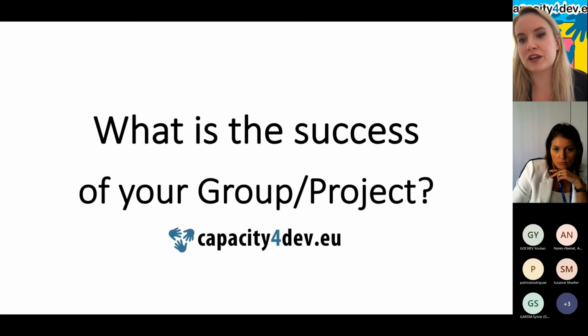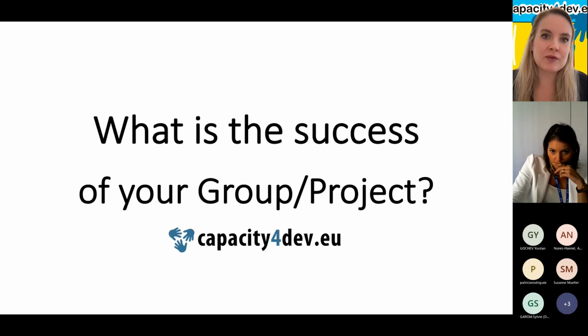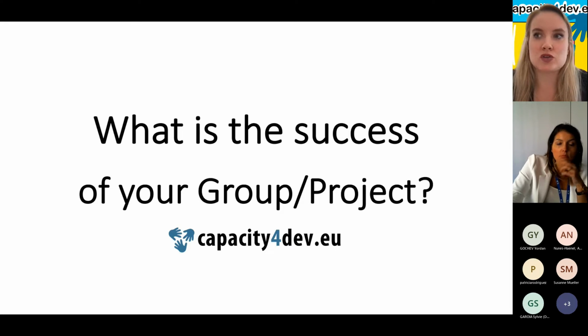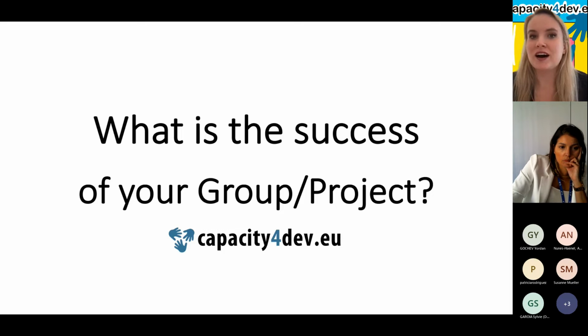However, the objective can be, as Patricia said, that she wants more views or more downloads. But we can say that a group or project is successful usually when we have a specific number. So let's say that my group is successful when I have 200 views of one content per month or daily, depending on the objective and what is actually successful for you.